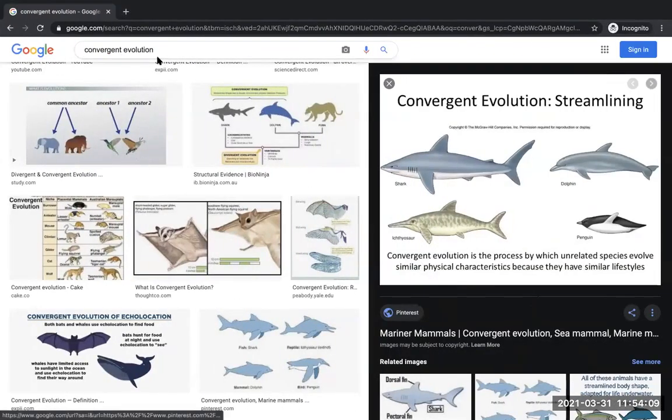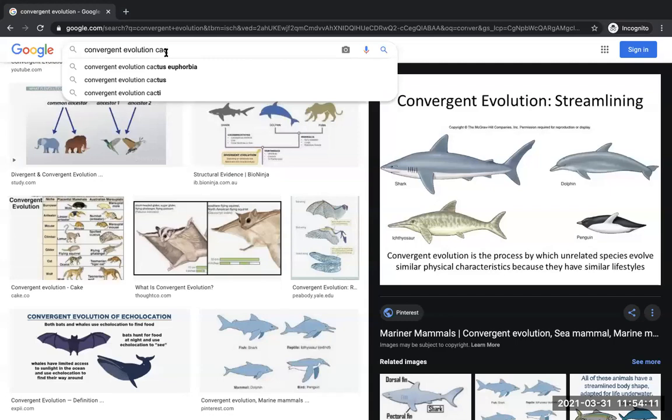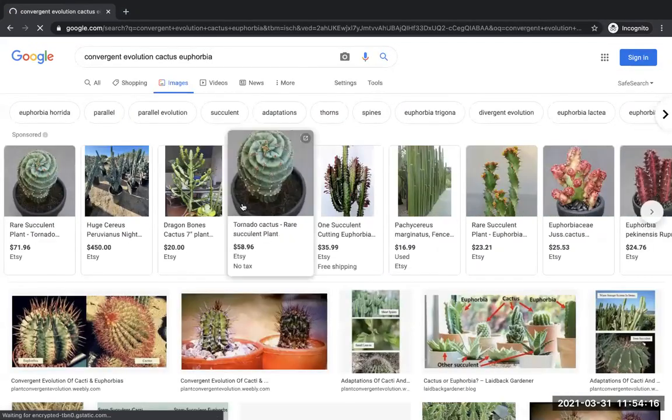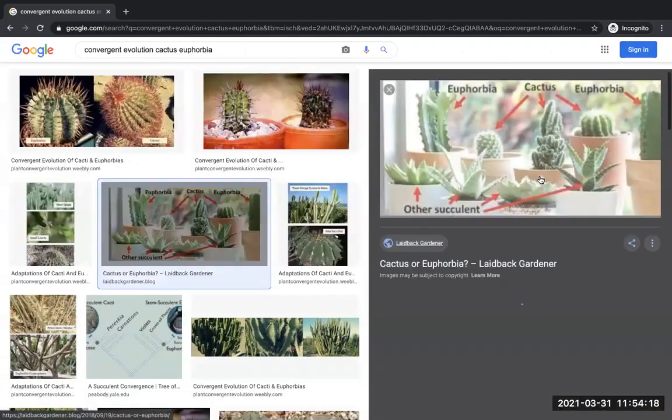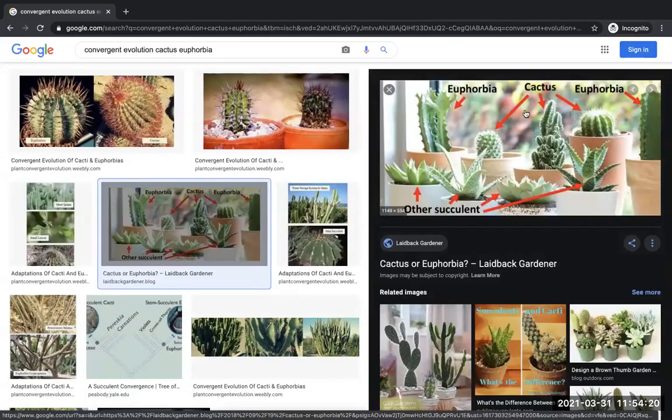Also would be cactus. You guys probably already know what cacti look like. So this is cactus. And there is another group called euphorbs. This is called euphorbia. These cacti, they grow in the desert.